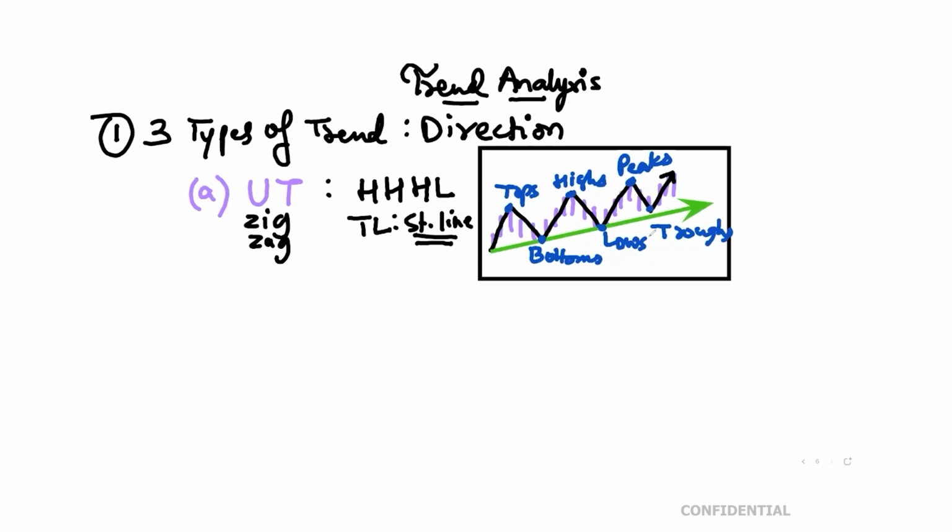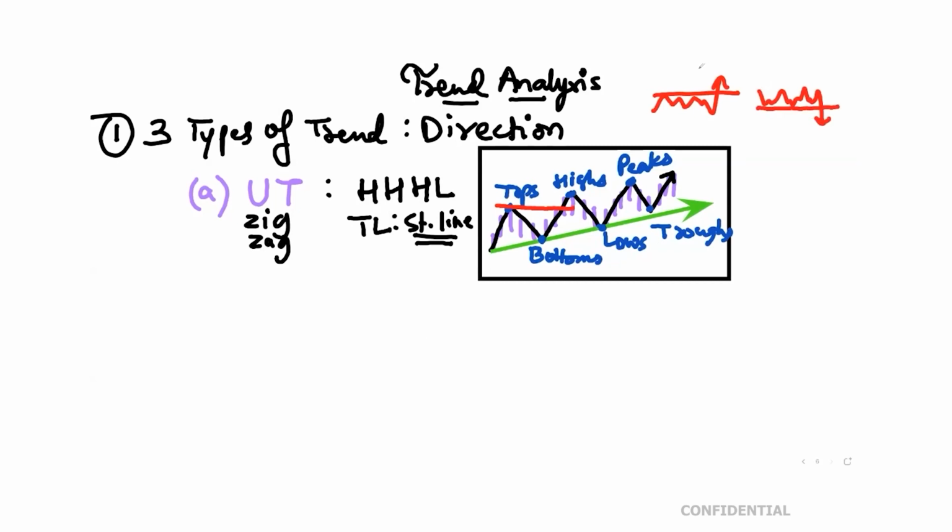Now please get this, that in case there is an uptrend, every time you will witness a breakout. You already know what a breakout is, right? That's a breakout, correct? What's a breakdown? That's a breakdown, right? We have discussed all of this before.